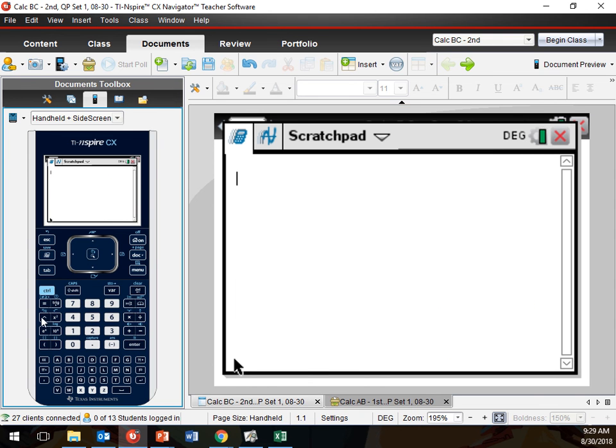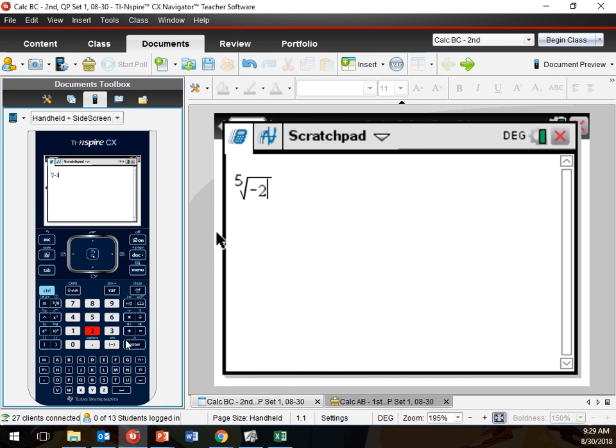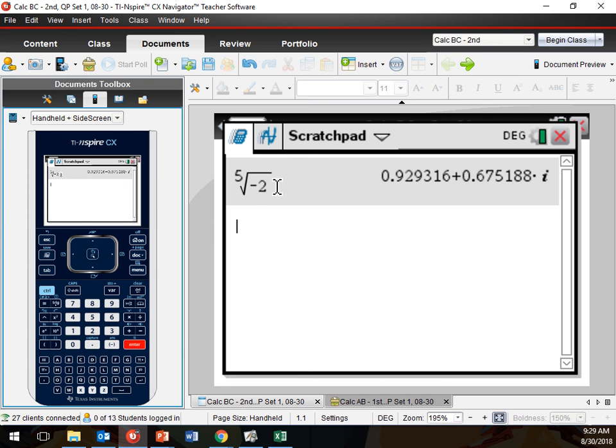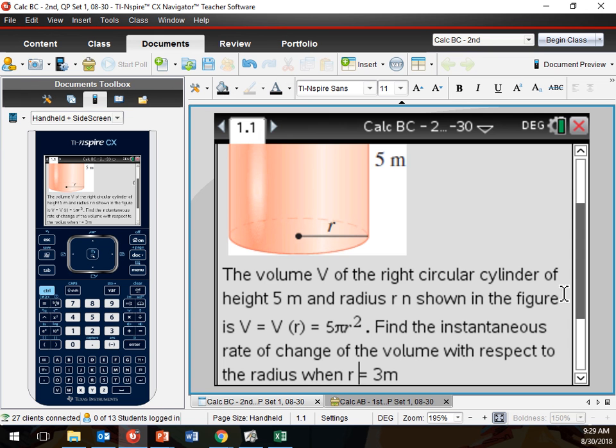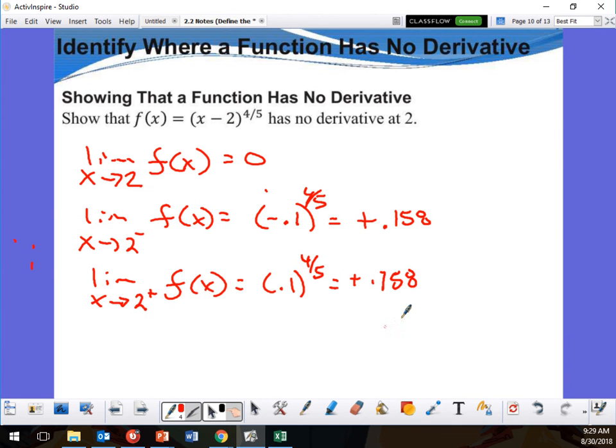So fifth root of negative 2. No, wait, you're right. Okay, so yeah, they were right on this, because you're taking the root first. That's why. They want you taking the root first.